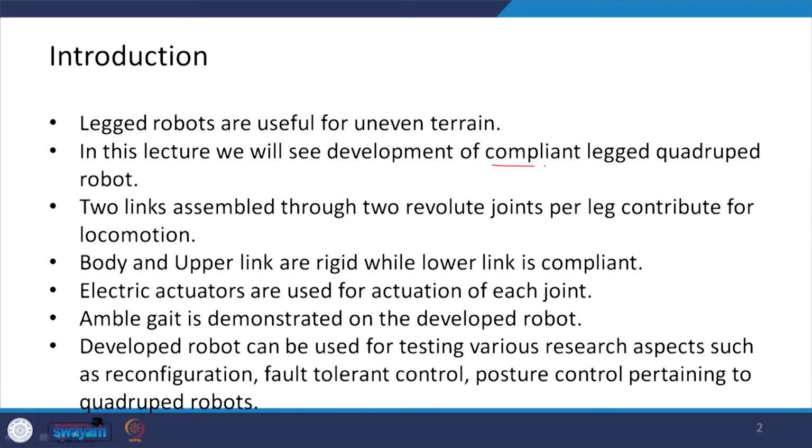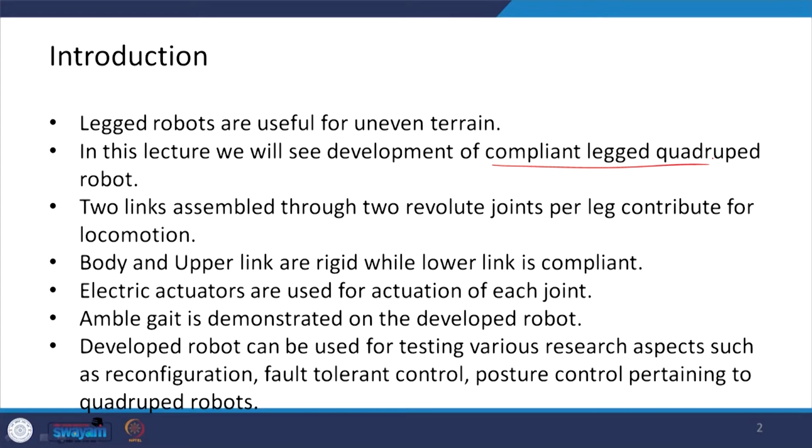Legged robots are very useful for uneven terrain, because these leg feet can be placed in a small area. So they are suitable for uneven terrain. And here I am going to talk about the development of the compliant legged quadruped robot.